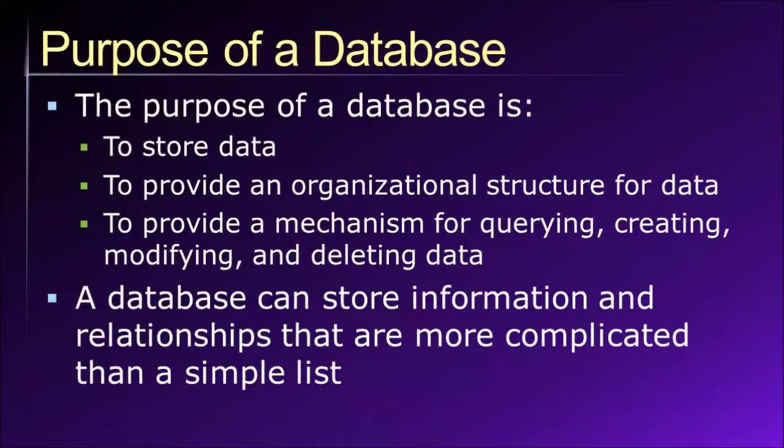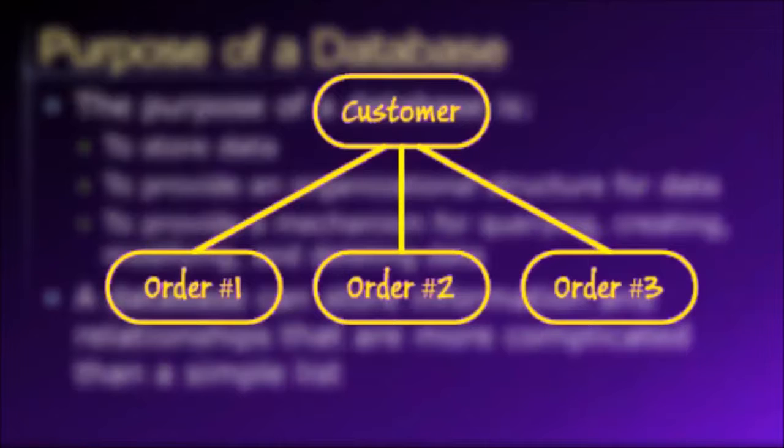A key point to remember here is that in business there are many natural hierarchical relationships among data. For example, a customer can place many orders. Another way of saying that is many different orders can be associated with the same customer.